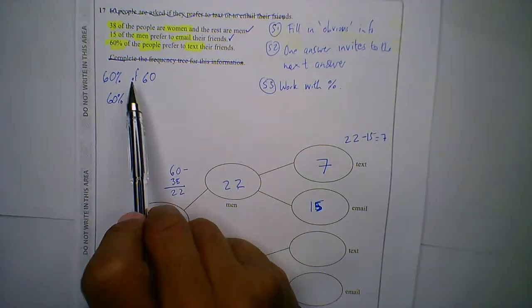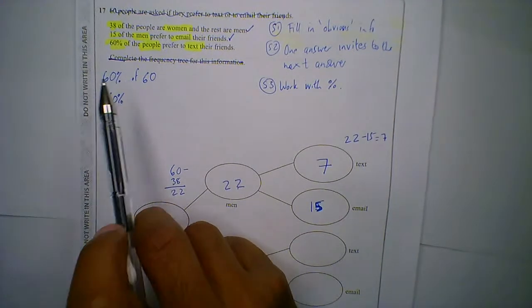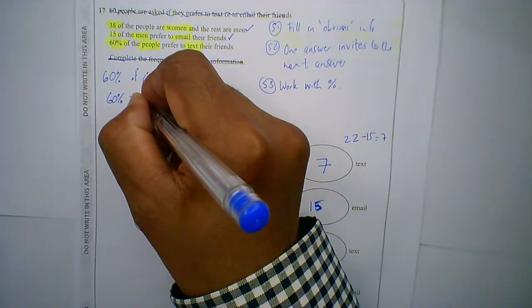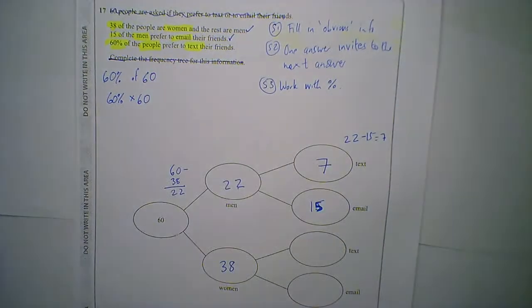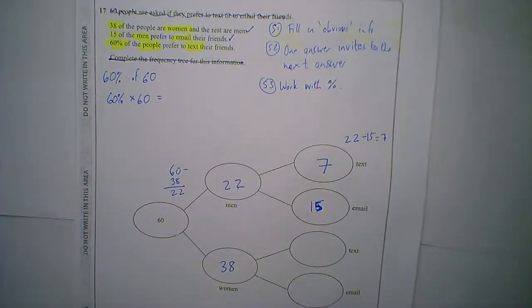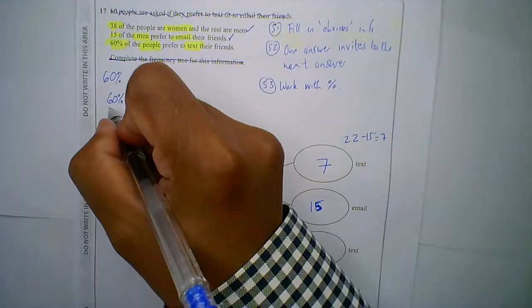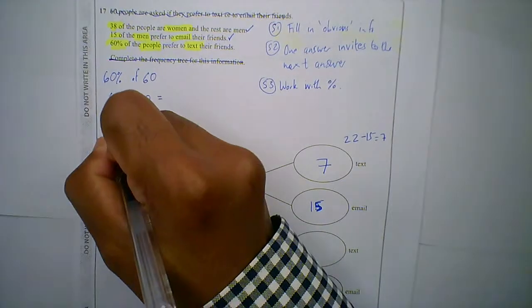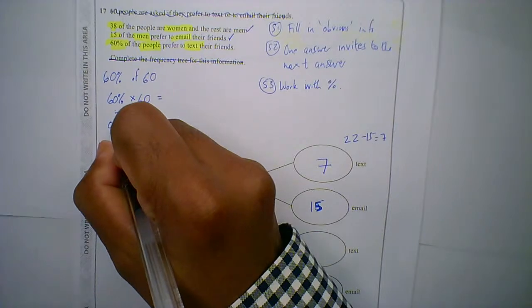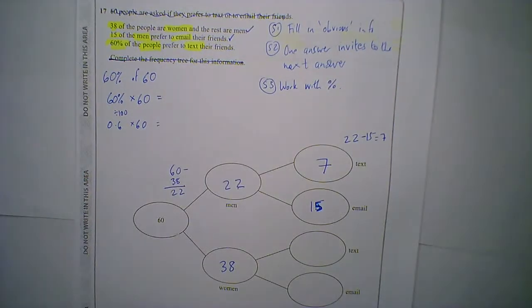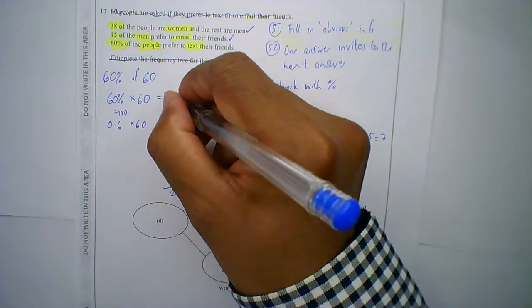When you see the word of in maths, that means multiply. So I can just put 60% times 60. And you can put that in your calculator. And if you don't know how to do that, percent means divide by 100. So that's 60 divided by 100 is 0.6 times by 60. And so that gives us 36.